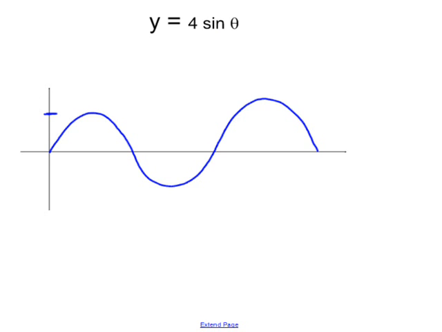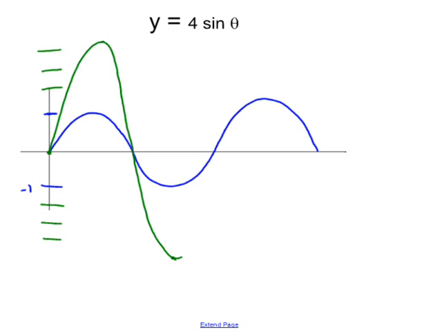So if it was 1, and that's my parent function, then now I got to go 2, 3, 4. It's got to come all the way up here. And 1, 2, 3, 4, and all the way down through that same 0, 0 here and back. So it's a vertical stretch of 4.